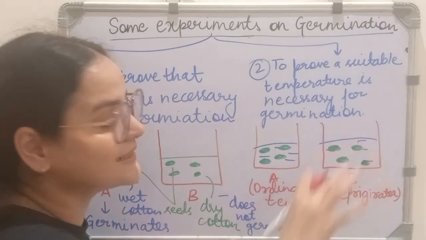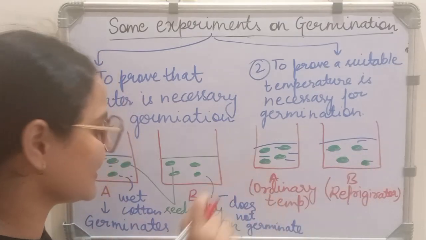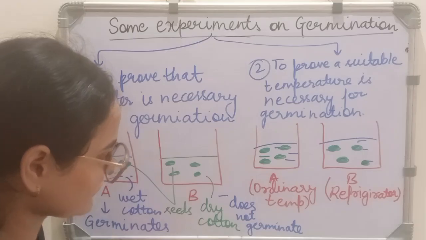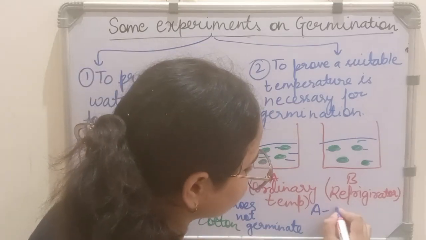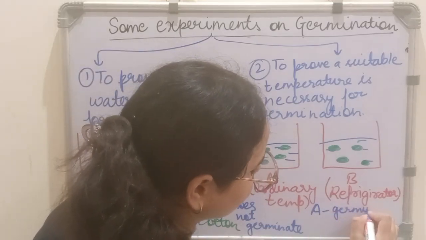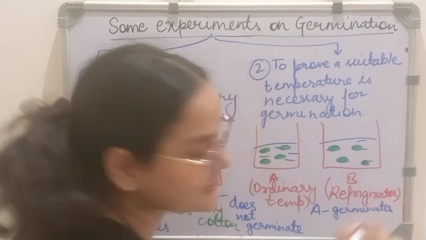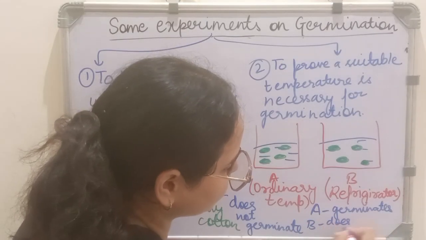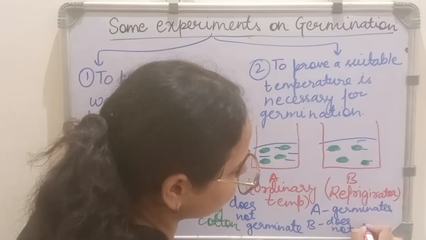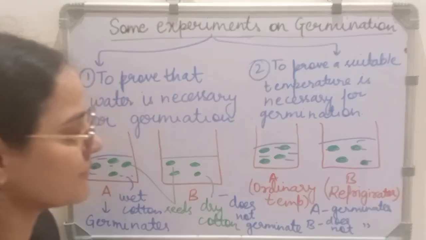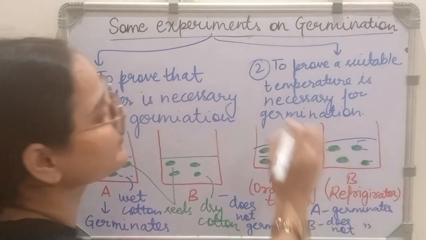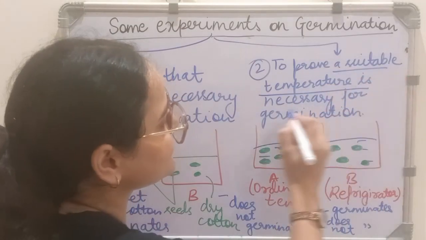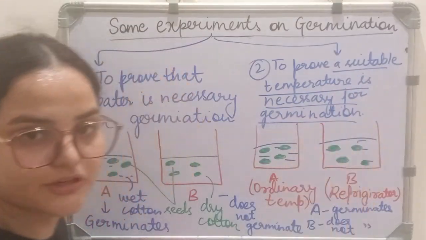So here the seeds will fail to germinate. So again, A germinates, means seeds in A germinate while seeds in B do not germinate. Hence it is proof that a suitable temperature is necessary for germination.